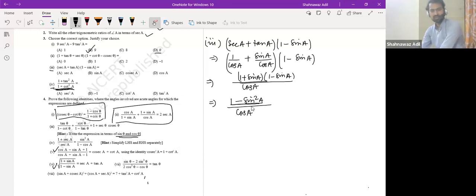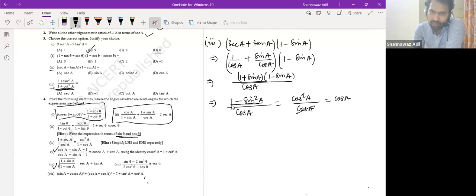What is cos square A? Cos square, absolutely right. So this is cos square A, and then this is cos A. So one will be cancelled and we have cos A. Did you get this one, guys?